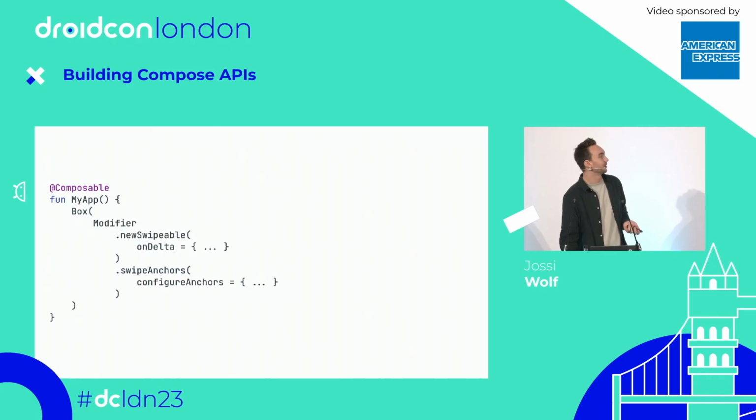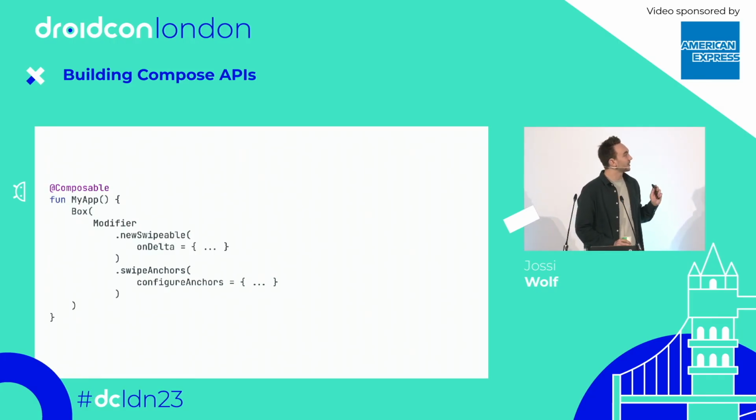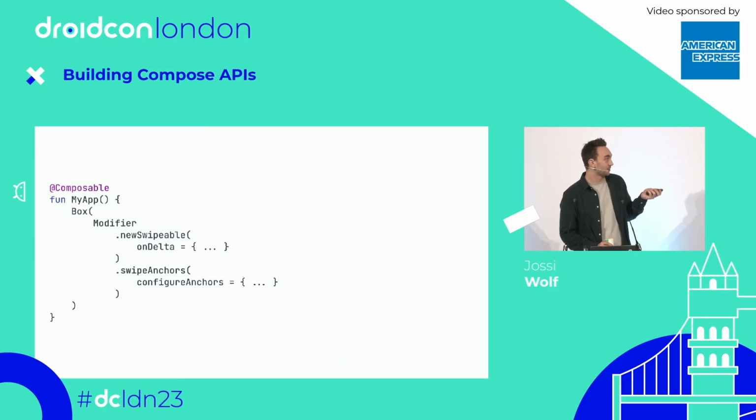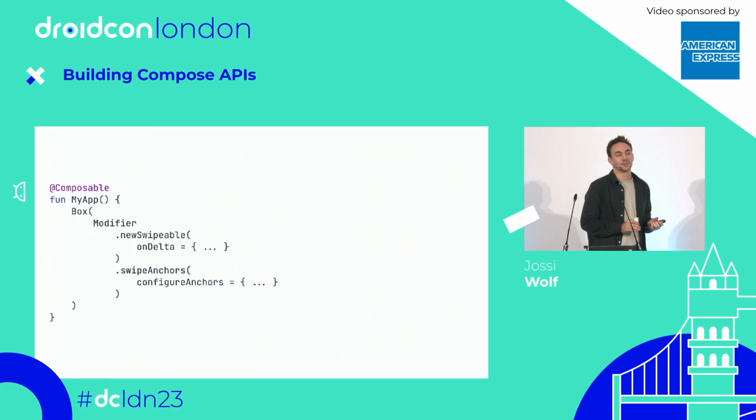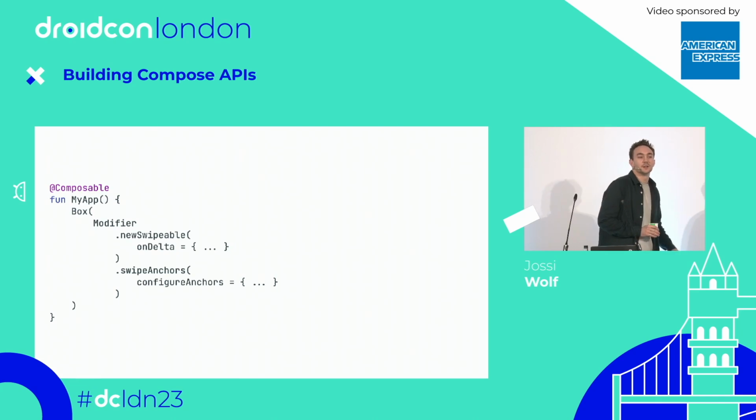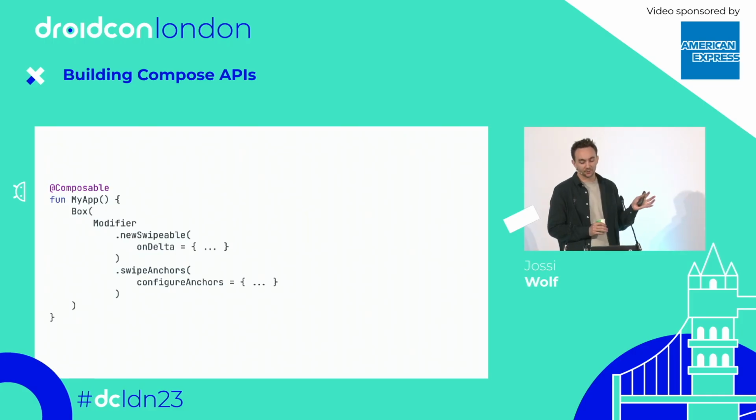Another important point with Compose APIs is consistency. For example, let's take a look at the new swipeable modifier here. It currently takes, in this imaginary API form that we just wrote out, an onDelta lambda, and let's say that gets a float, and you would do something with that float, and keep a state, and maybe move your component across the screen.